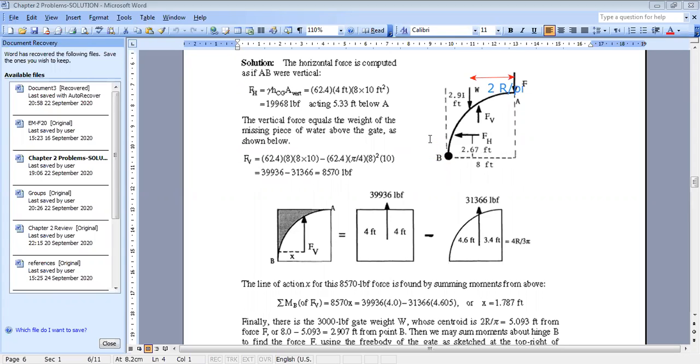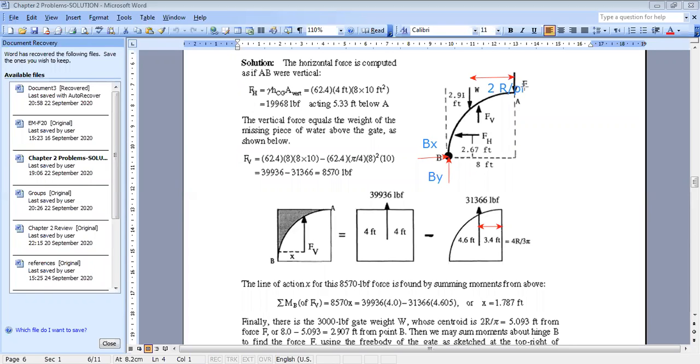Isn't the distance 4r over 3 pi the centroid for the quarter of a circle? Look, it's here. This is 4r over 3 pi. It's the centroid of a quarter of a circle area. But here the weight you want is not for the area, you want the weight for the line. This is the weight of the gate, and your gate is only the arc of the circle.